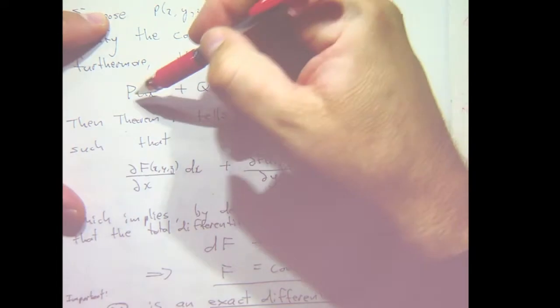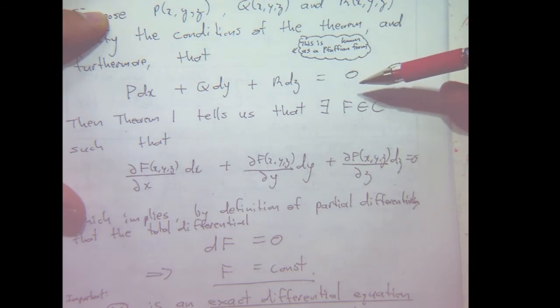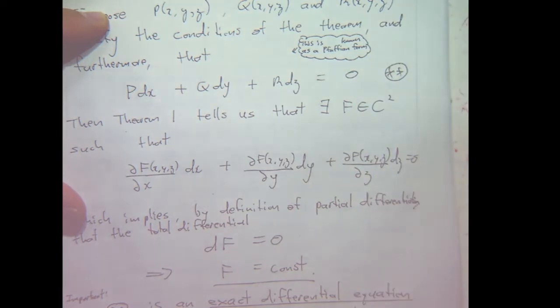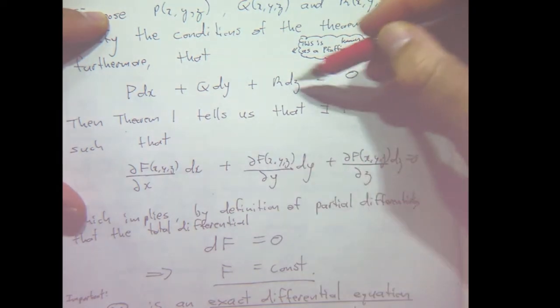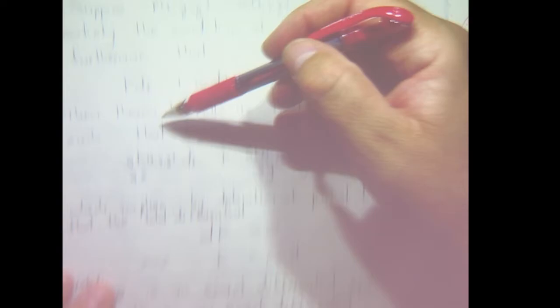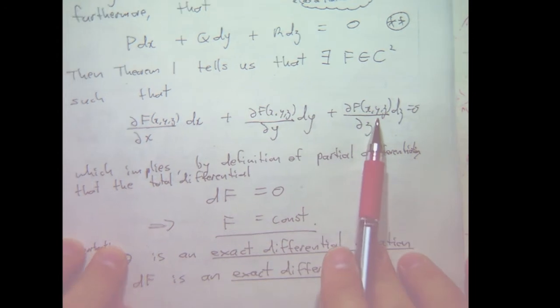By the way, this thing here is then called an exact differential equation, which is what we looked at in MP1, except this is one more variable. And df is an exact differential, because you can write it as df equals this. It's exact, and it's independent of path.